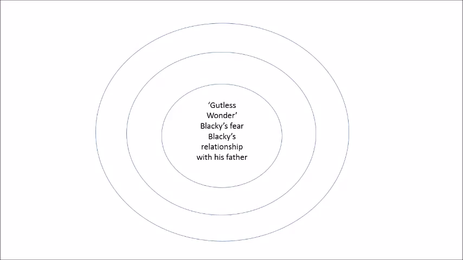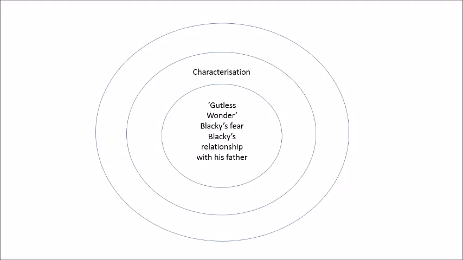Whenever a character is the central focus of a message, we refer to this as the technique of characterization. So for our second circle, we can suggest that the technique that the author is using to convey this information or this message that they're trying to say is all related to characterization. So that's the technique we're going to talk about.